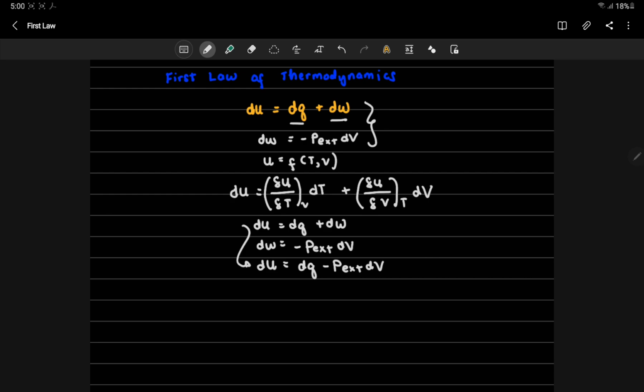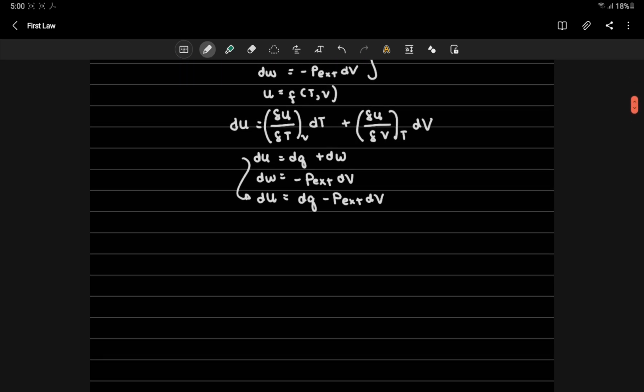So what I'm gonna do next is I will divide this resulting expression or equation by dT, at constant V. So what will happen? Again, gagawin ko is I will divide that expression by dT at constant V. I'm talking about this final equation here.